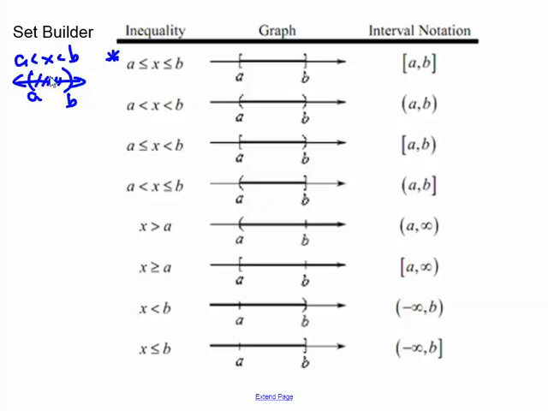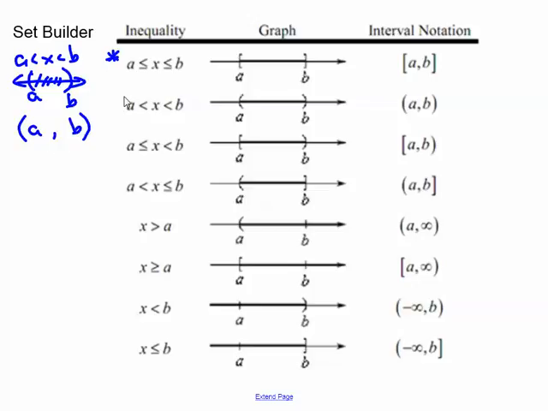Here's our solution, and our interval is a on the border, b on the border, don't include b, don't include a, put a comma between them, and there's our solution.